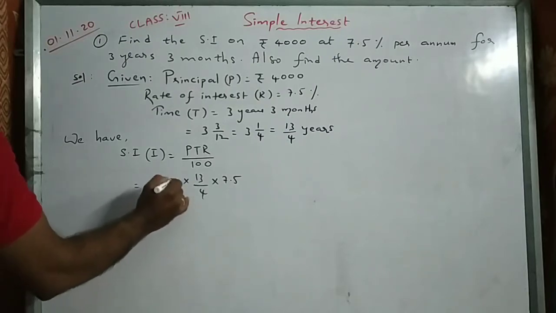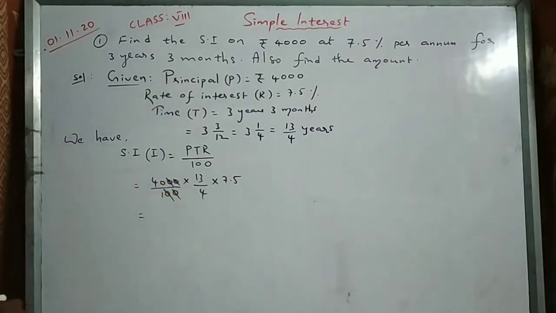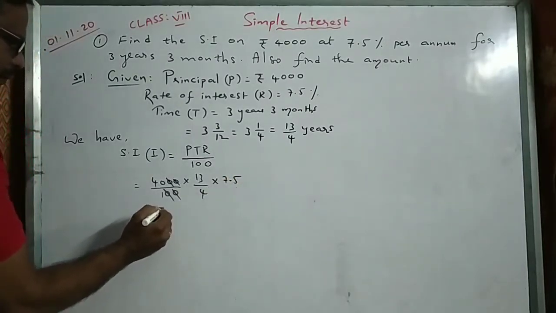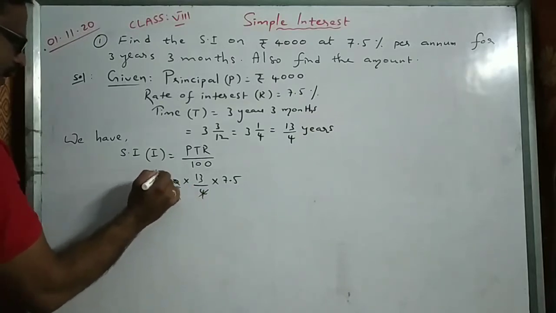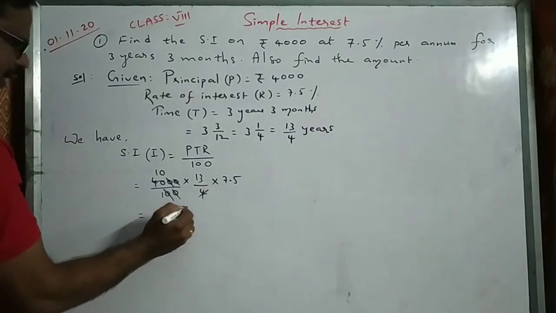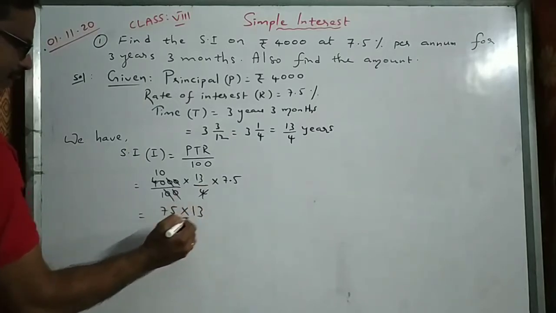Okay. These two cancel. This I can write here 40, no? 4 tens are 40. If you multiply with the 10, point will go. So 75 into 13.